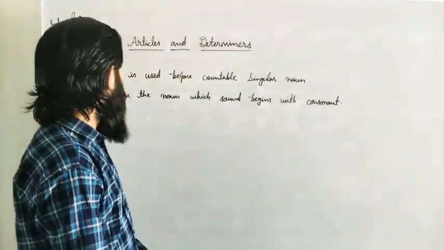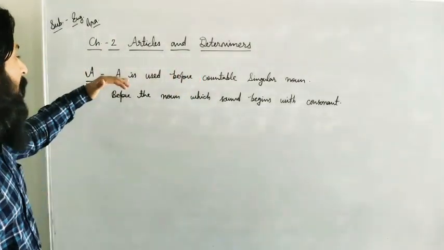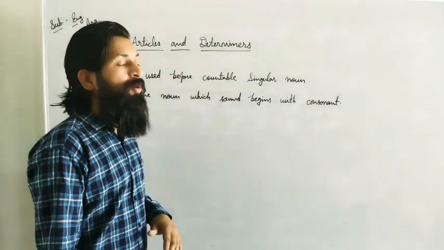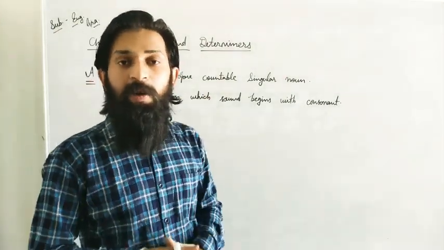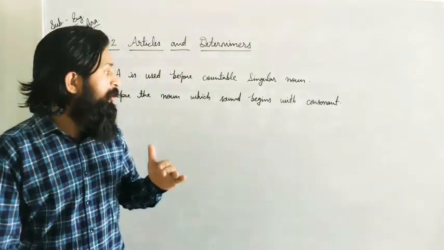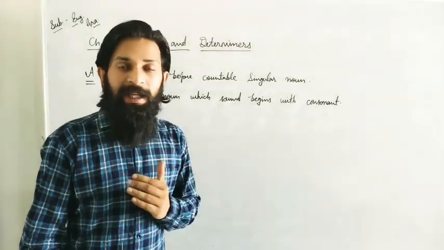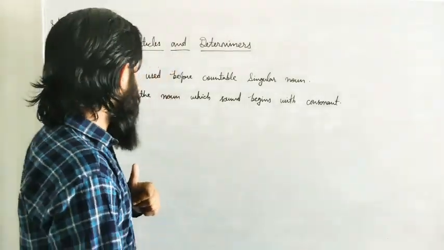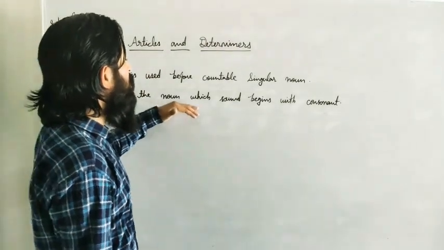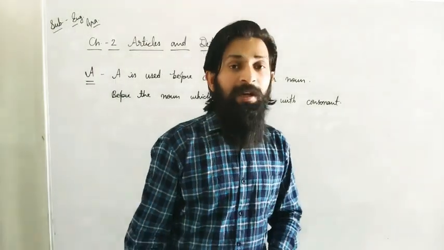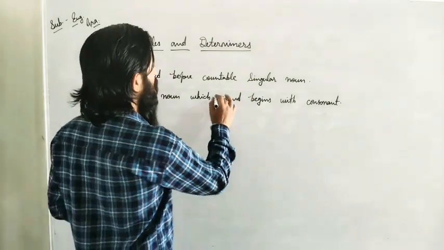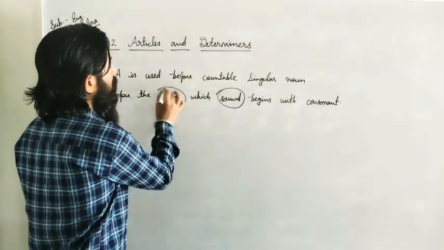Dear student, a is used before a countable singular noun. If any type of countable singular noun is there, then only you can use a. And the second most important thing is that, before the noun, you have to mention the sound of the noun.